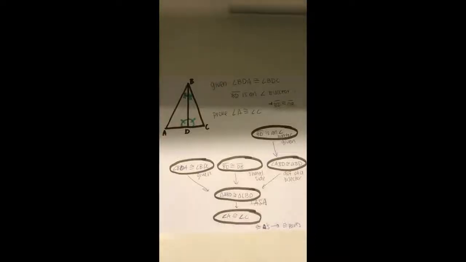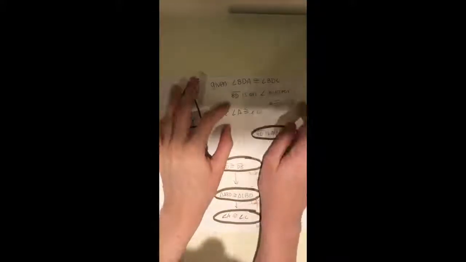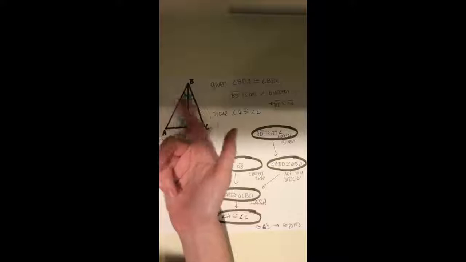And what's really important is when you have something that's above these triangles, or above like a circle, it's something that you have to mentally process. In this case, at least, we're given that line BD is an angle bisector, but this explicitly does not tell us that these two angles are equal.